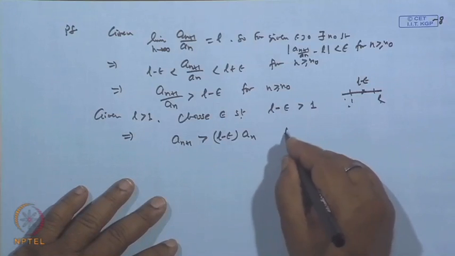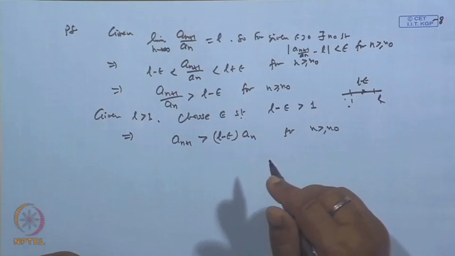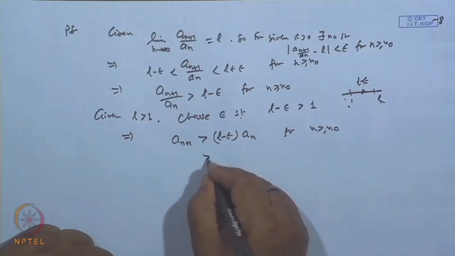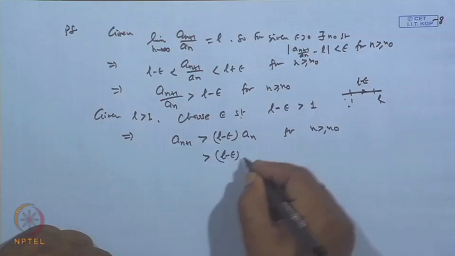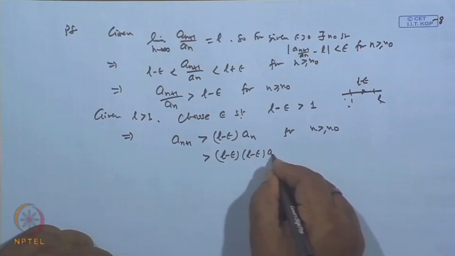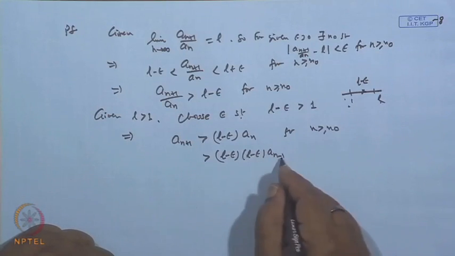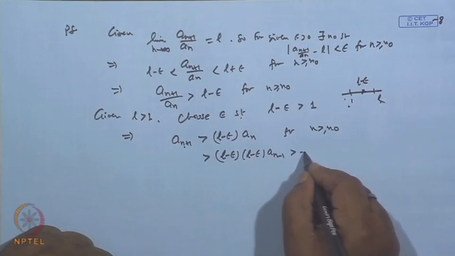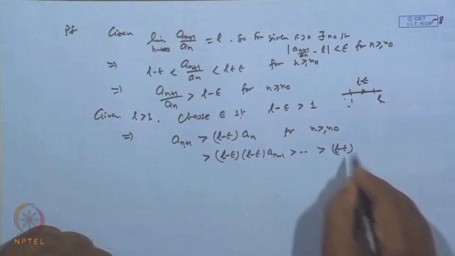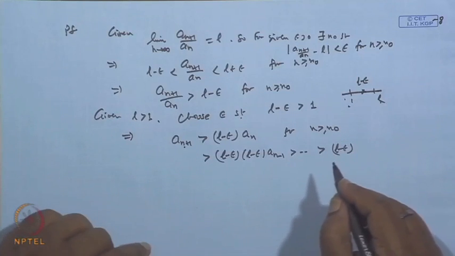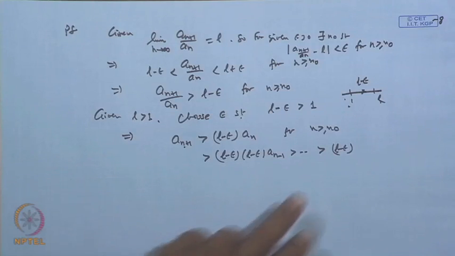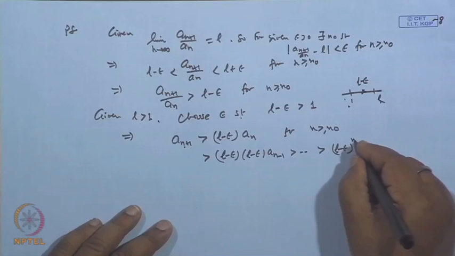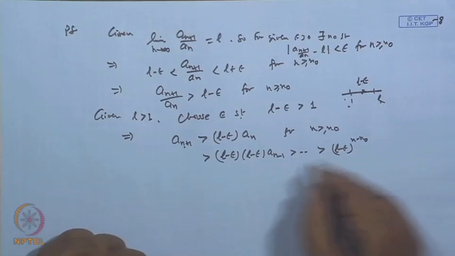Now, this is true for all n greater than or equal to n naught. So, suppose I start with a n. It is greater than L minus epsilon into a n minus 1. Is it not? Because substituting n equal to n minus 1, it is again greater than like this. So, what happened? This will be L minus epsilon up to n minus n naught terms into a n naught.